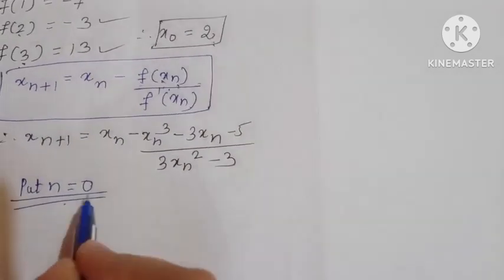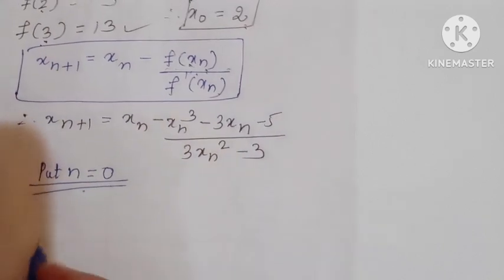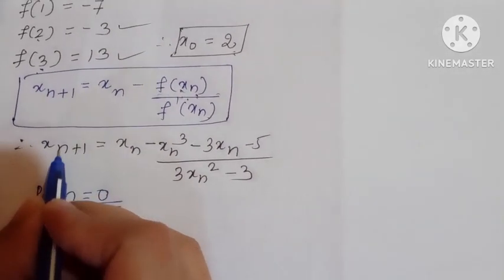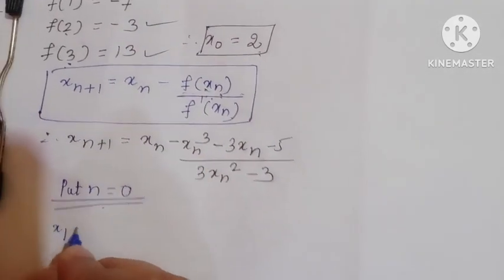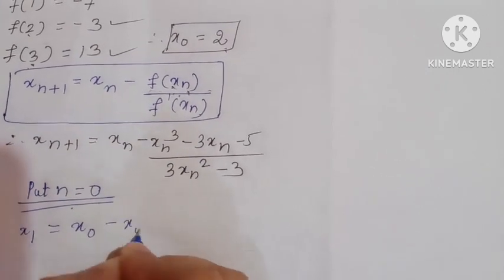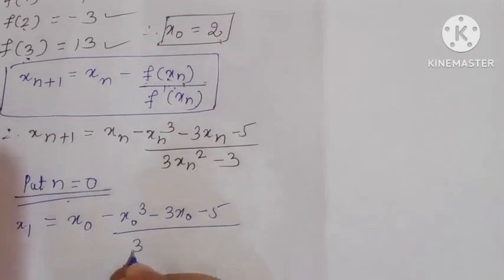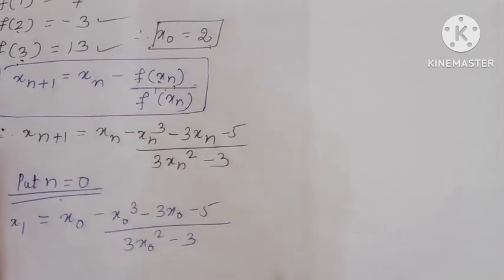We will substitute the values in this equation we got. Put n equal to 0. So here see, x(0+1) means it will become x1. x1 equal to x0 minus x0 cube minus 3x0 minus 5 divided by 3x0 square minus 3.